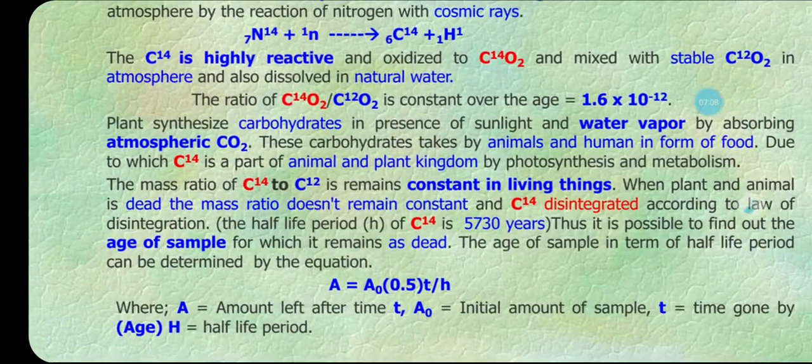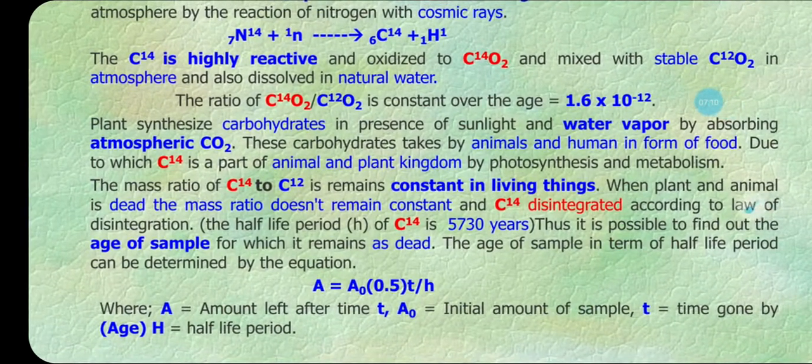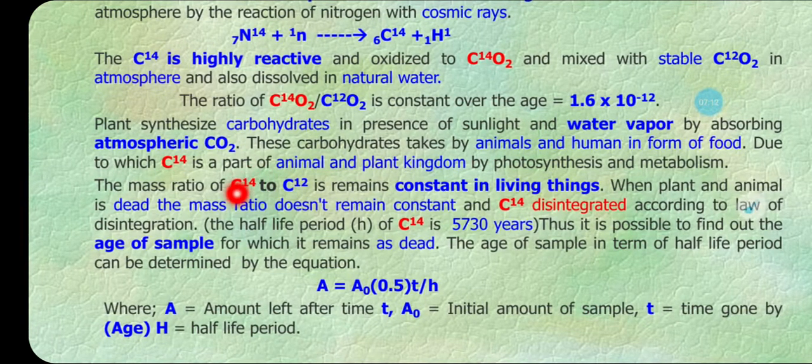The mass ratio of isotopic carbon to stable carbon remains constant in living things, and that is 1.6 into 10 raised to 12.